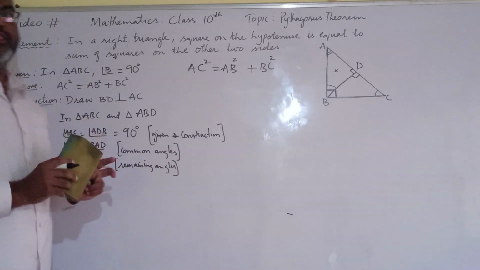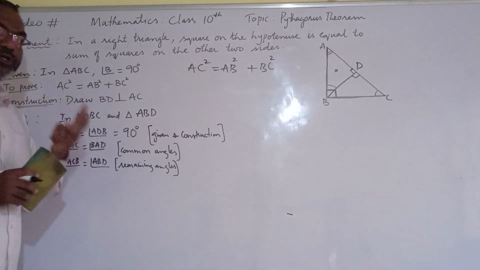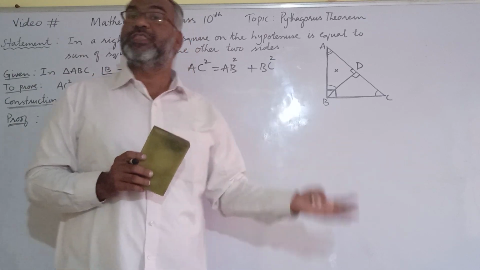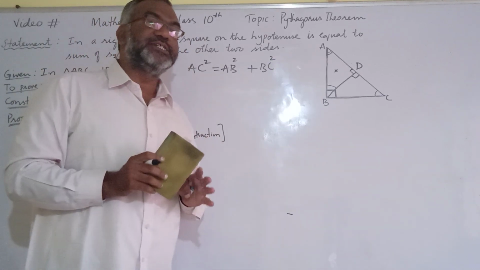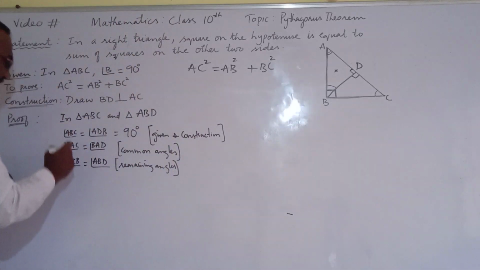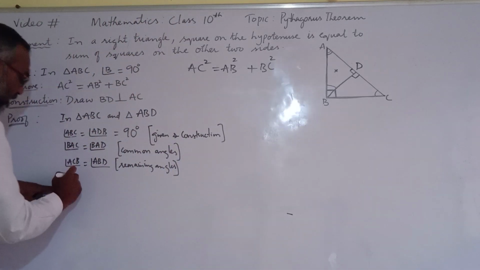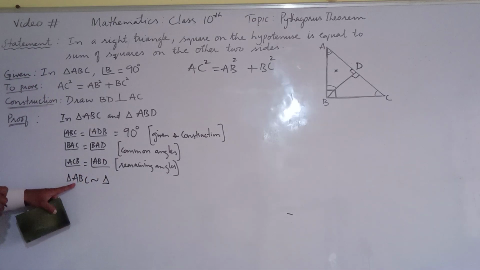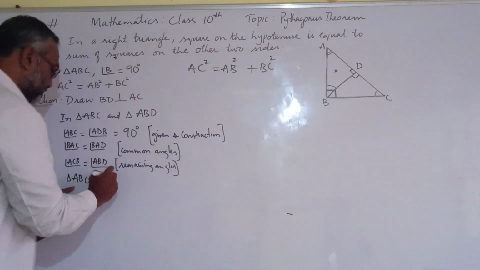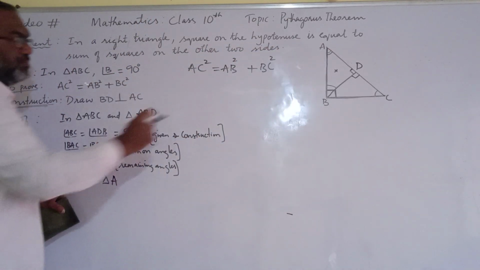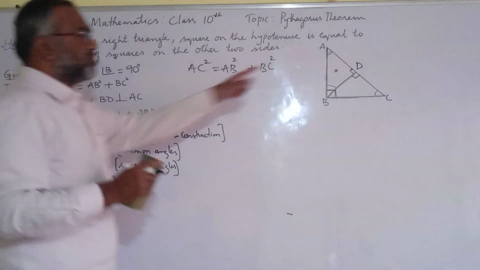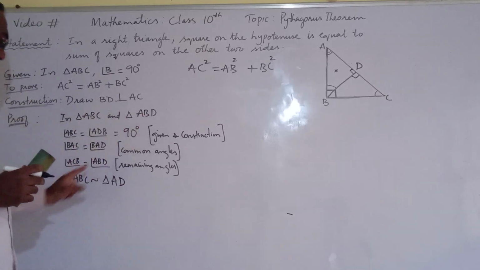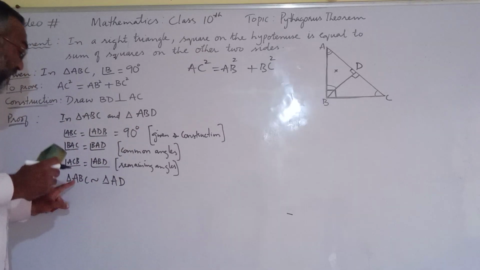So according to the AAA similarity criterion, in two triangles, if their corresponding angles are equal, then the two triangles will be similar and their corresponding sides will be in proportion. So we can say that triangle ABC is similar to triangle A, D, B. While writing the similarity statement, you have to write corresponding angles.